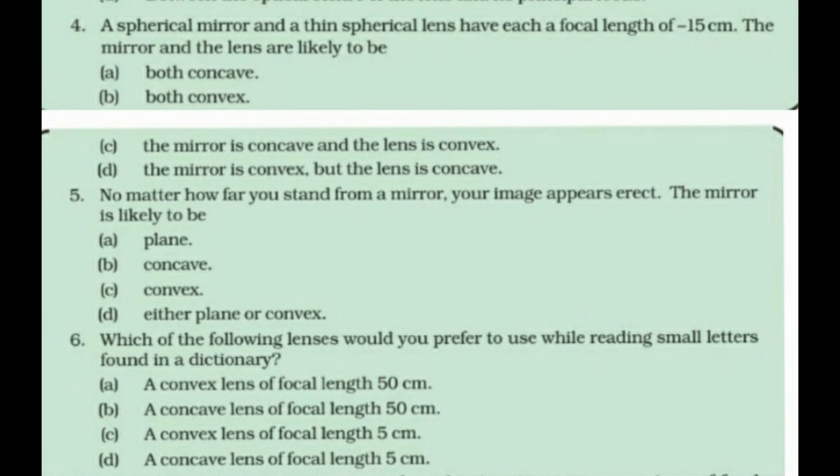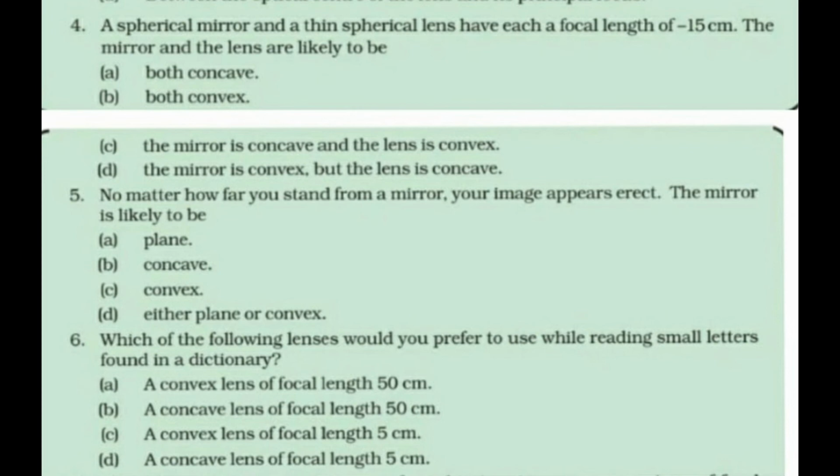A spherical mirror and a thin spherical lens have each a focal length of minus 15 centimeter. The mirror and the lens are likely to be, as we know by sign convention, focal length is negative, so it will be a concave lens and a concave mirror. Means option A, both concave.